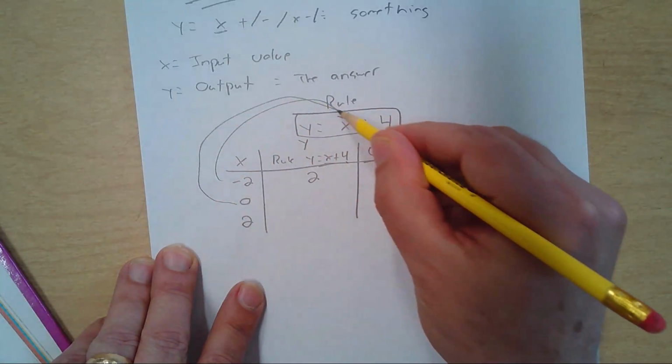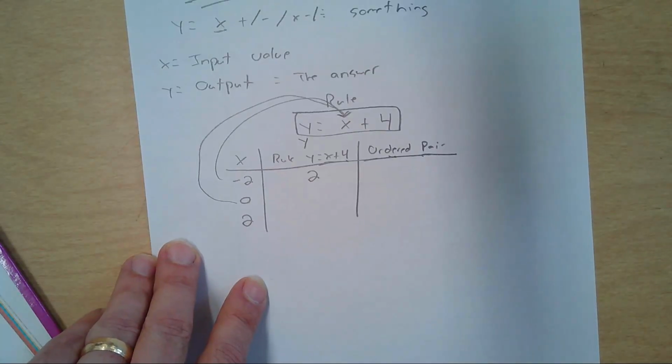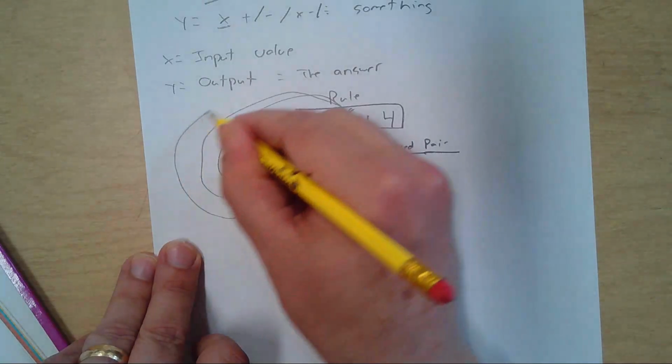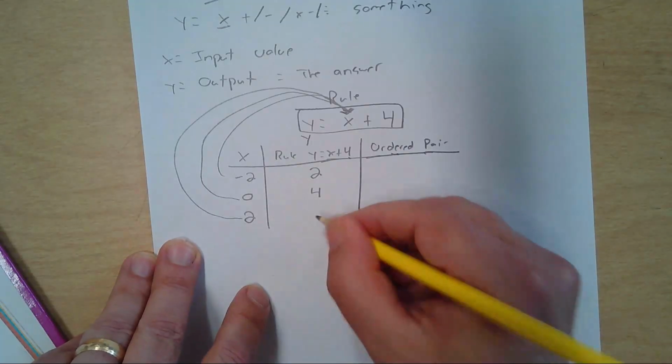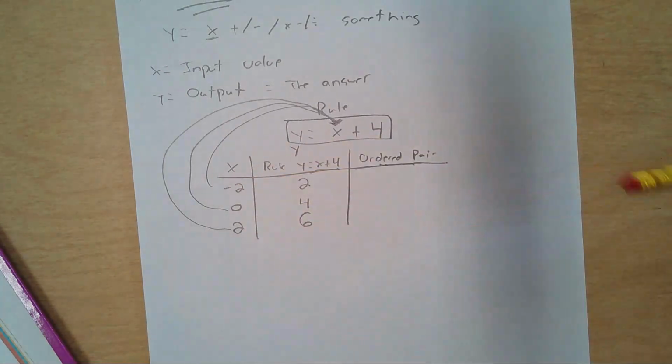The 0, again, same equation. If I plug that in, what's 0 plus 4? 4. And then one more time, third x value, x equals 2. What's 2 plus 4? 6. So there's my y values right there. My x values were -2, 0, and 2. My y values were 2, 4, and 6.